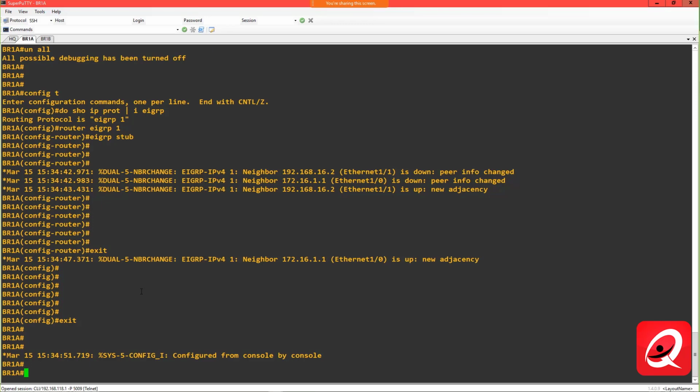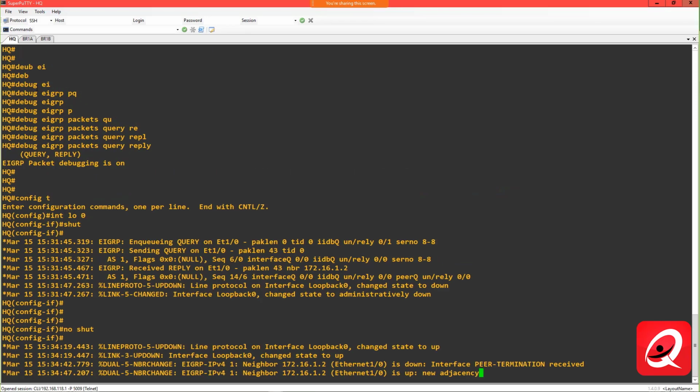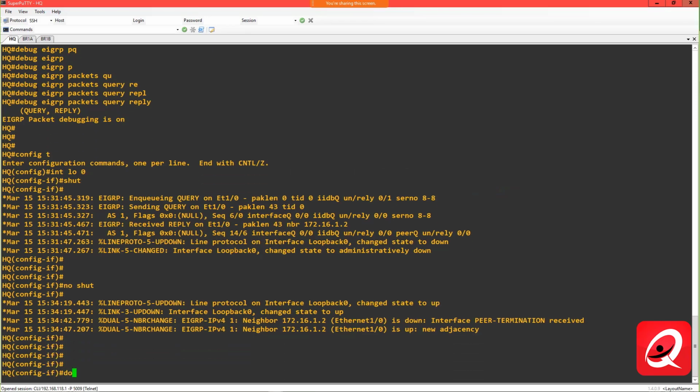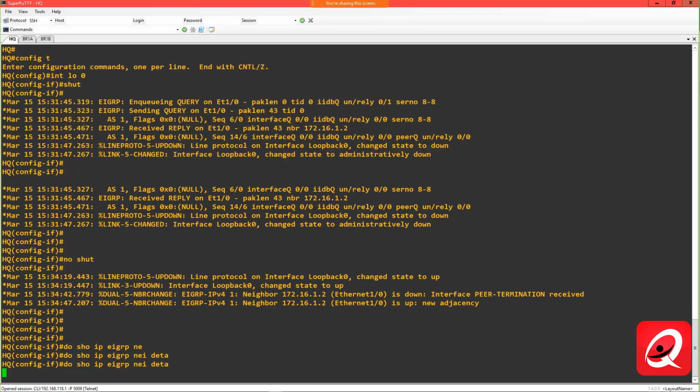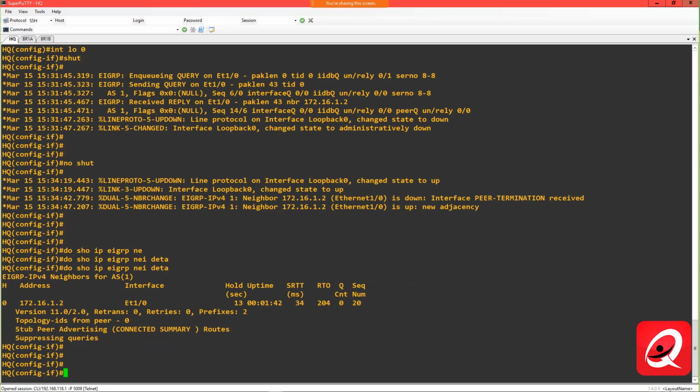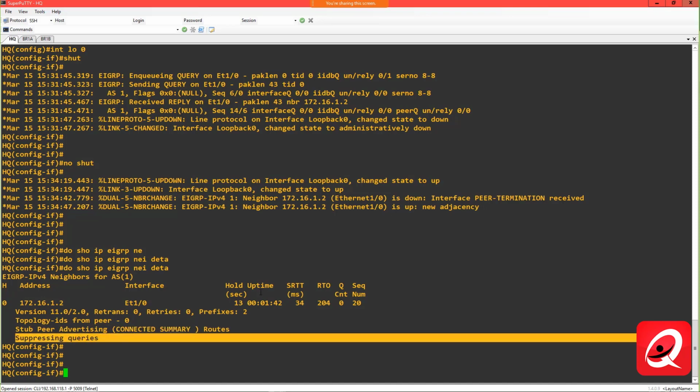All right? And if I go to HQ, in fact, and I do a show IP EIGRP neighbor detail, we can actually see that this particular neighbor is advertising itself as a stub. We'll talk about what the connected and summary means in a minute, but it also says here, I'm suppressing queries to this particular neighbor.